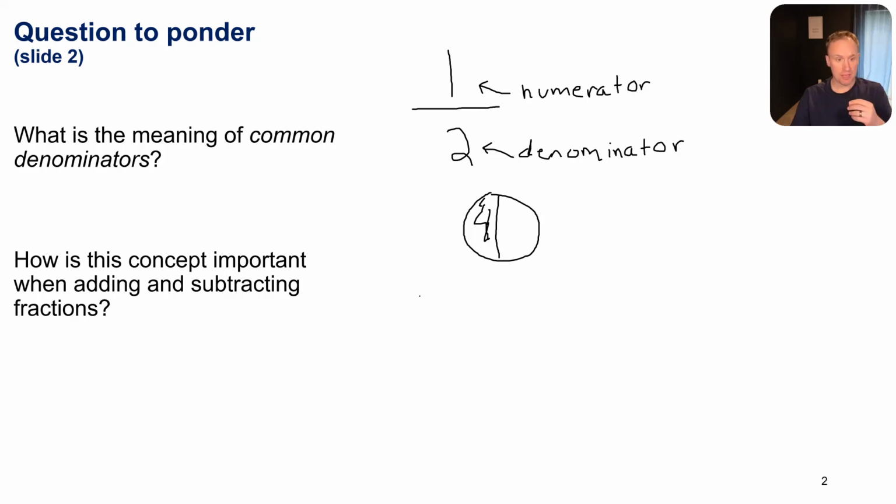So for example, if I have a half and another half, these two fractions are in the same denominator. They have a common denominator of 2. Or if I had the fractions 1/4 and 2/4, these are also in common denominator form.